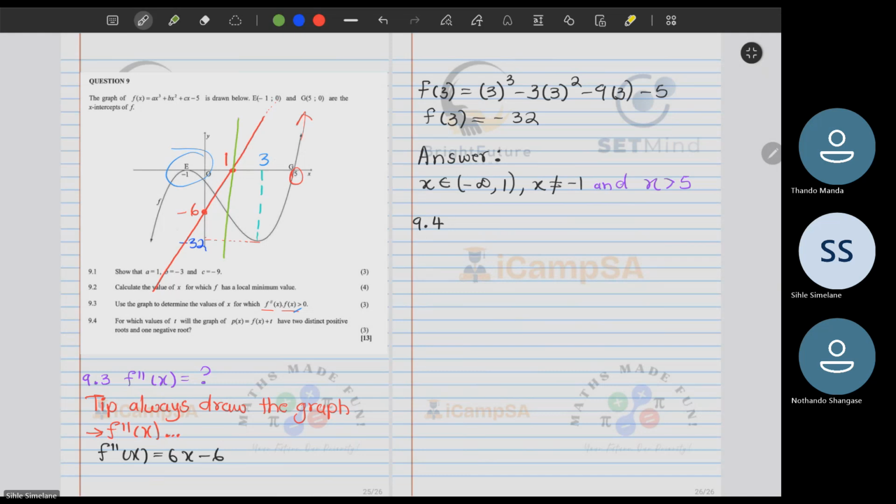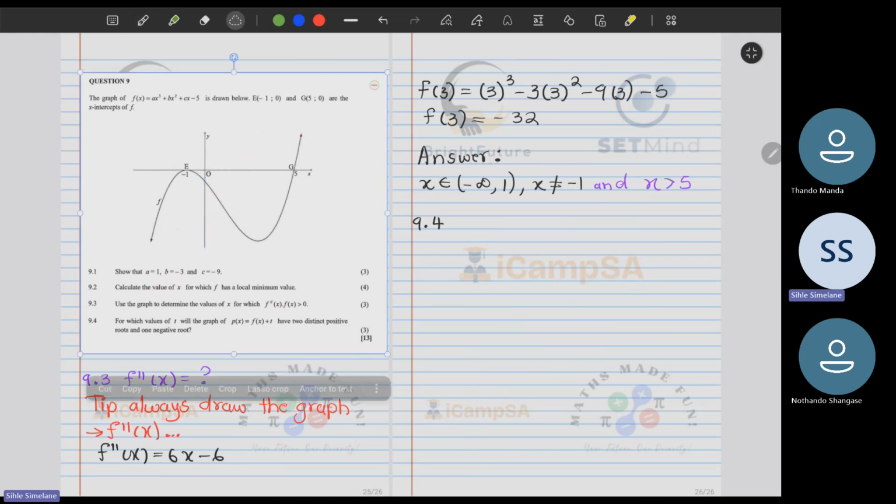Okay. So we need to be very careful of what is being asked of us here. So we have a graph that we are going to call P, and we are going to add a t, such that we are going to have two positive.